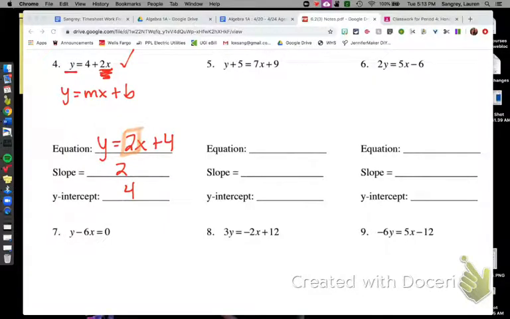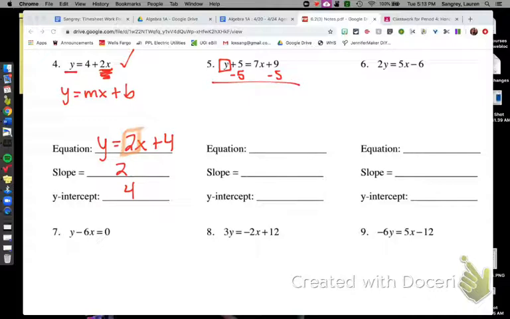Number 5, is the y by itself? In this example, it is not. In order to get y by itself, we have to undo this +5, and to do that, we're going to subtract 5 from both sides.